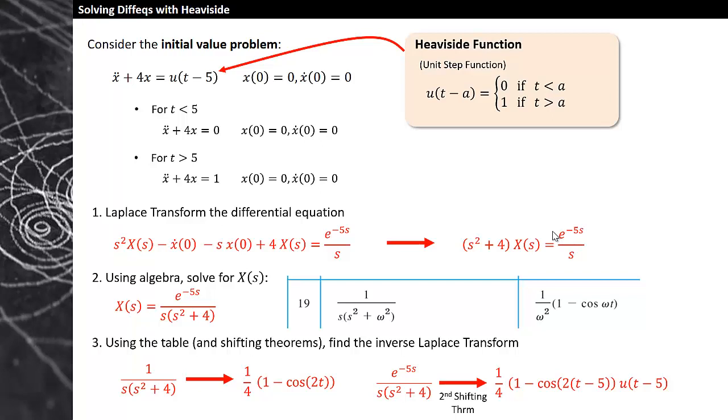That's just using that second shifting theorem here. So our solution is this shifted solution, 1/4 times (1 minus cosine of 2(t minus 5)) times u of t minus 5. We just write that on our next page here.